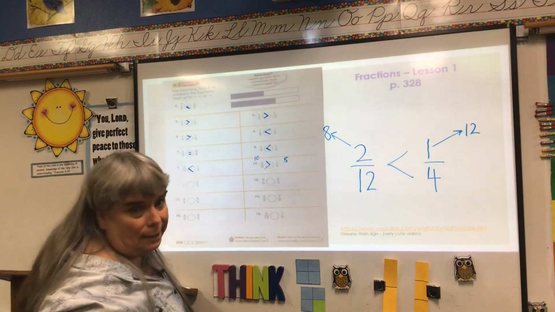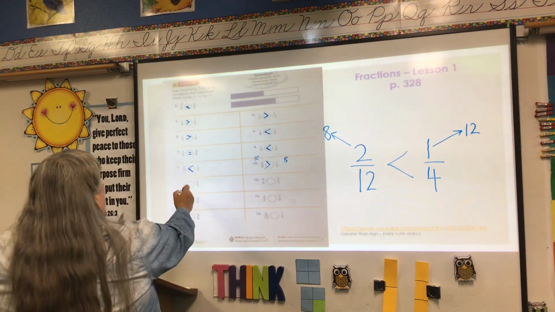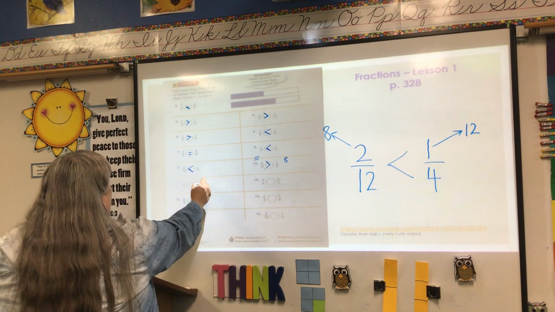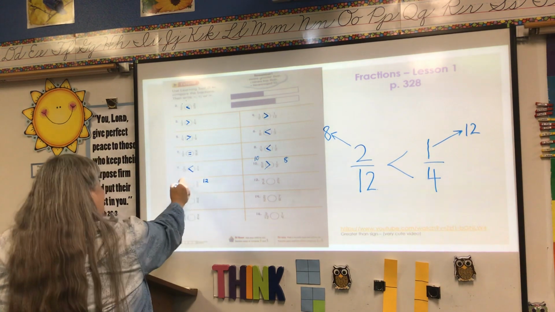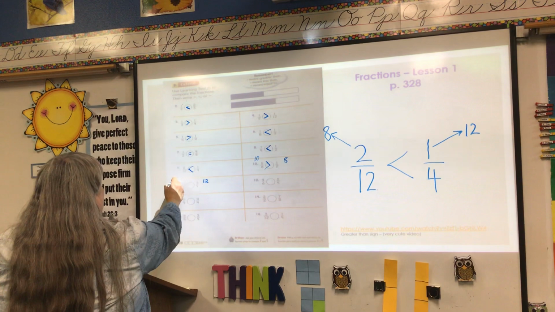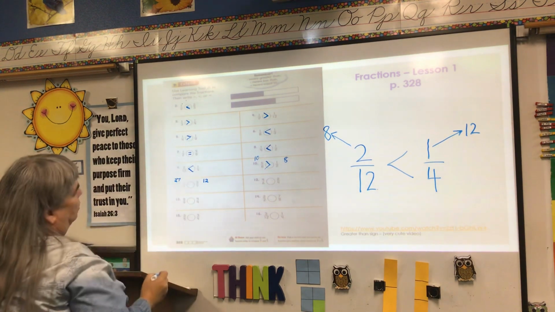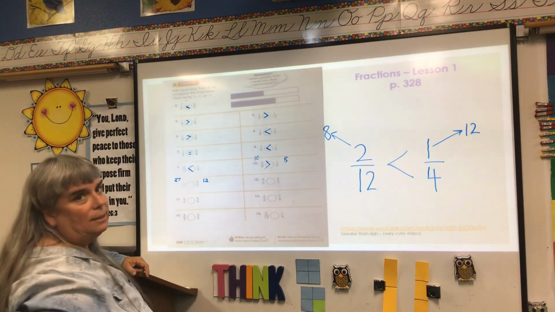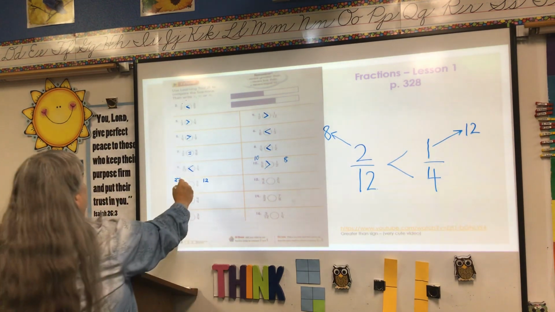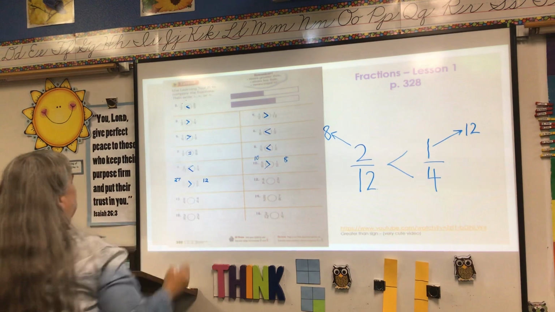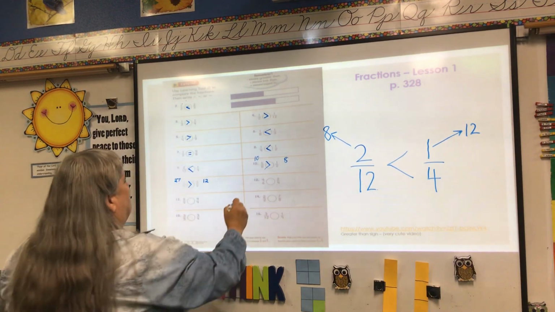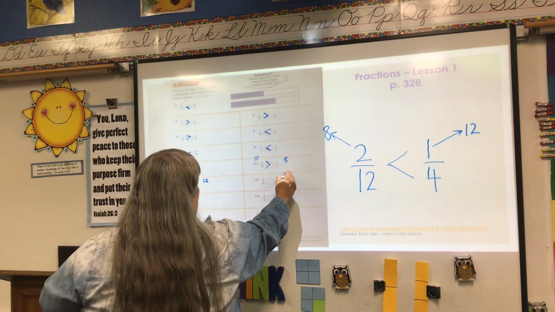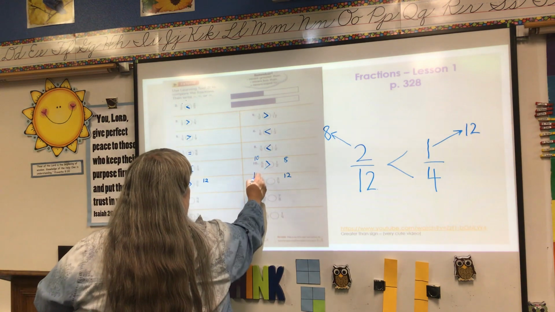Hey, we're almost done. 4 times 3 is 12. 9 times 3 is 27. So what I know from this is that that fraction on the left is much bigger. Okay, 6 times 2 is 12. 4 times 4 is 16.